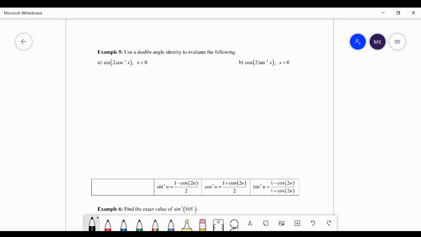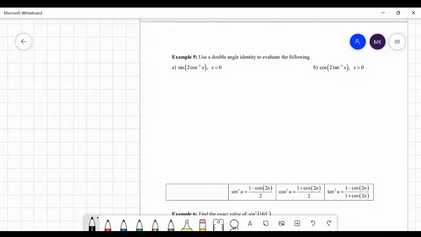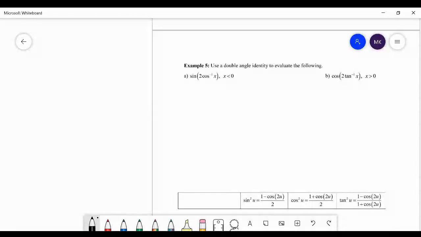Anytime we have an inverse cosine of x, we know that's going to give us back an angle. So it's nice to say, let's let inverse cosine of x equal theta. Since inverse cosine of x equals theta, that means cosine of theta equals x.